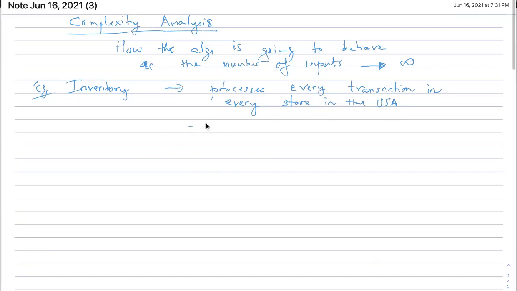And suppose it takes 10,000 milliseconds to read the inventory from the disk, and it takes 10 milliseconds to process each transaction.